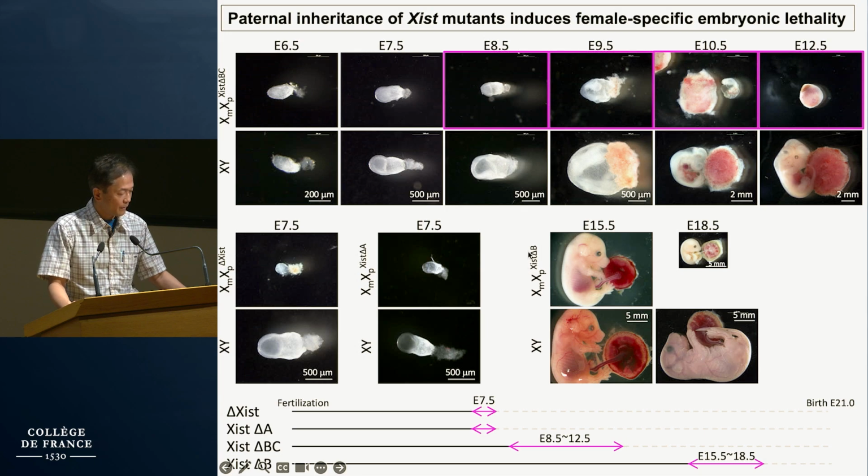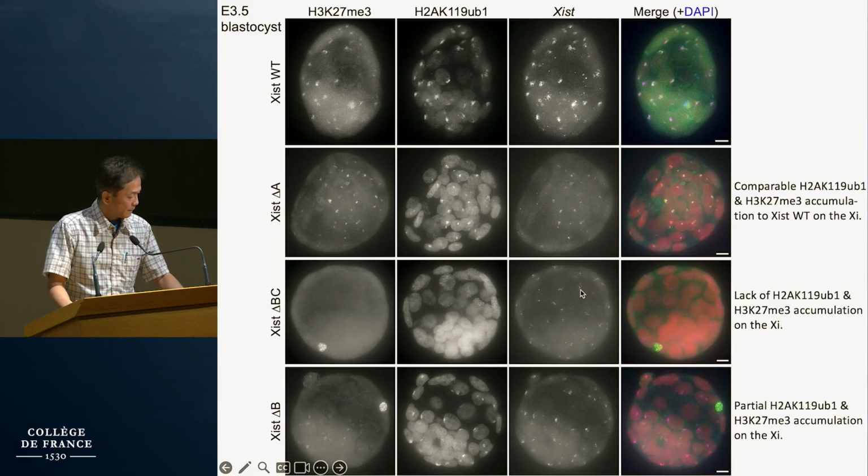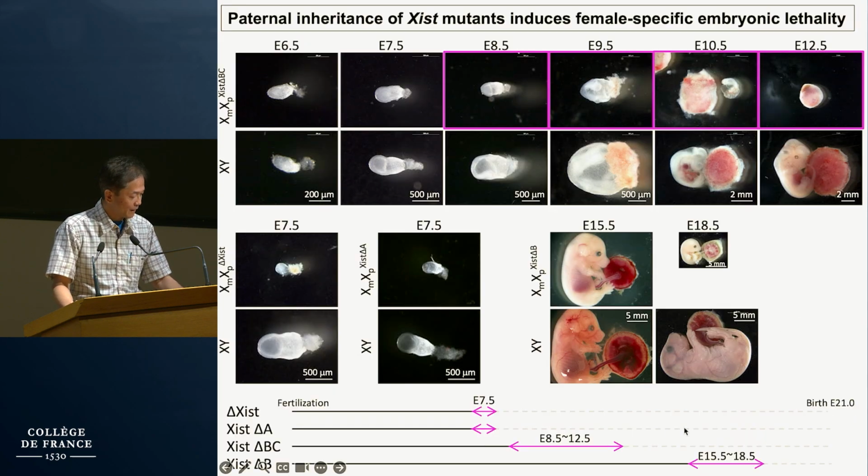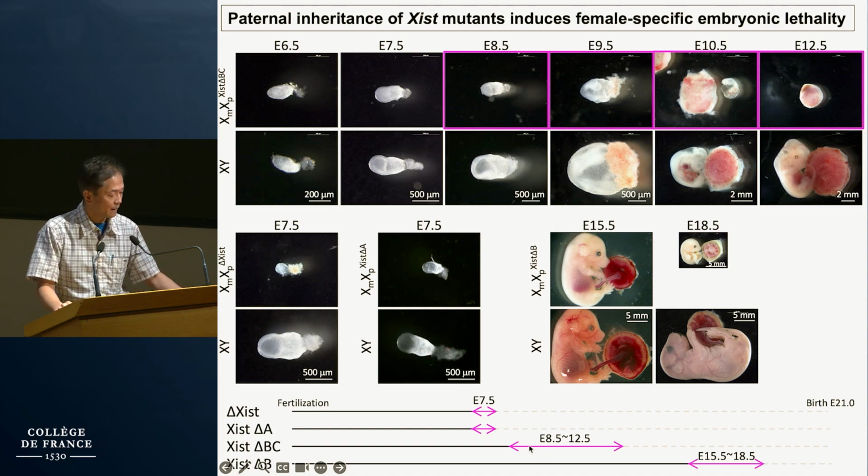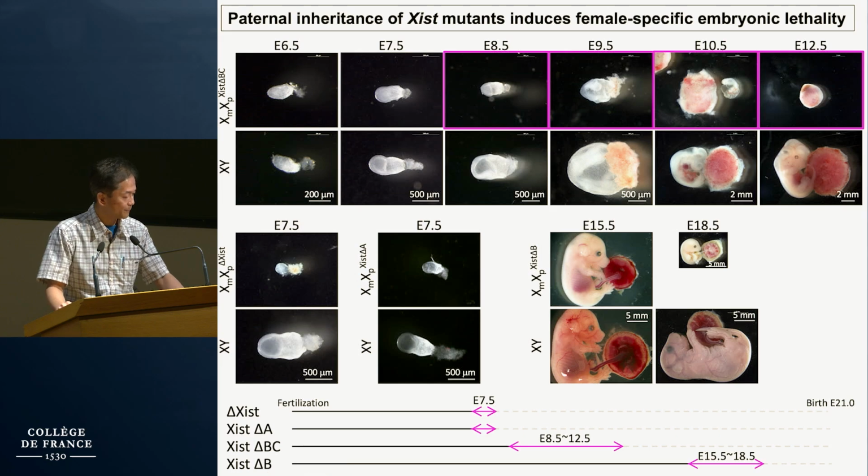And what about this B repeat hypomorphic mutant? They survived longer, but they finally died at E15.5 or 18.5, probably because of malformation of the placental part, and the circulation looked very bad. So we concluded that the A repeat mutant phenocopies the Xist mutant, but the BC repeat mutant showed a milder phenotype, though still dying from E8.5 to E12.5.